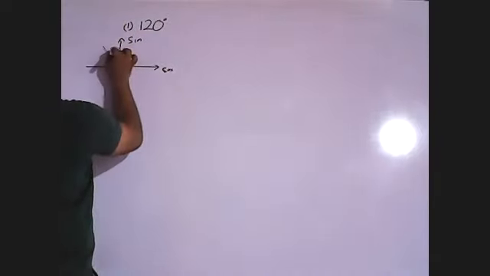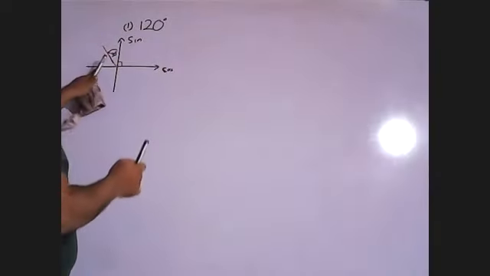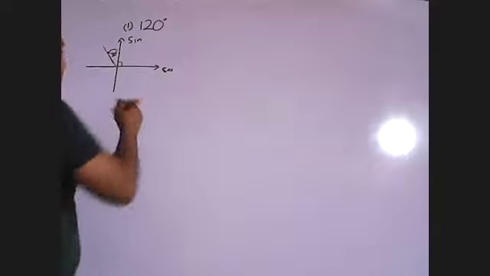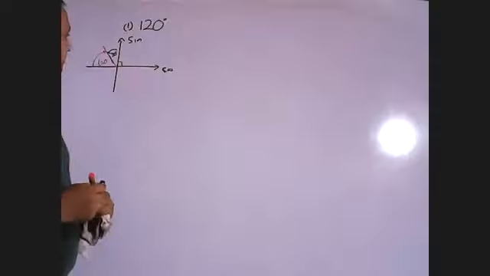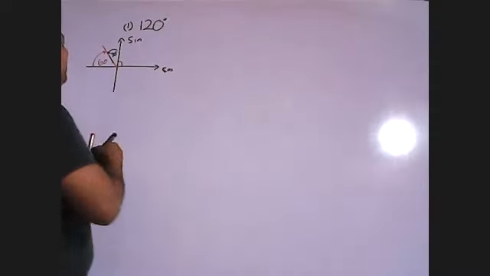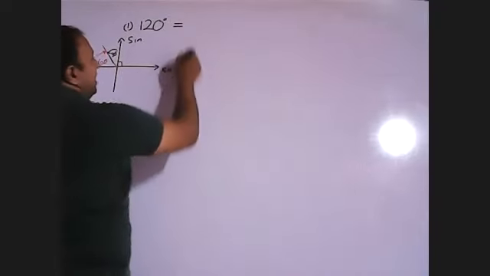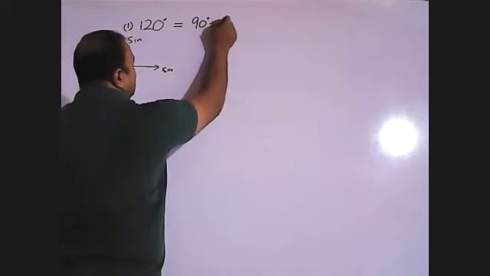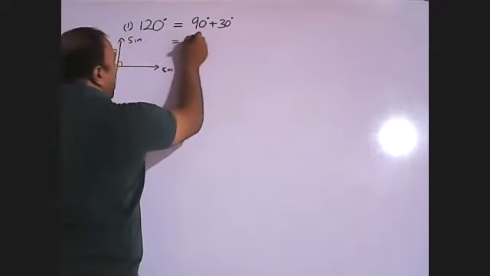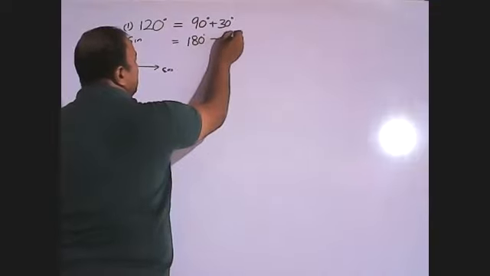90 plus 30, or 180 minus 60. Okay. Therefore, I can write 120 is equal to 90 degree plus 30 or 180 minus 60.